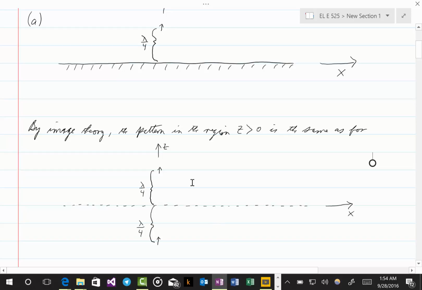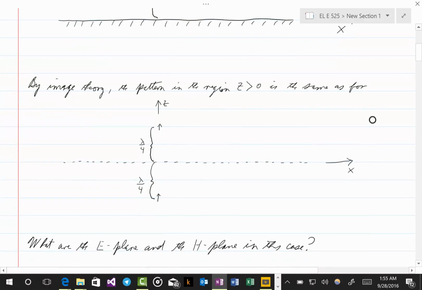Okay, so now that we have this equivalent problem, how do we solve this? Well, as the problem statement hinted, you will now use array theory, because this is simply an array of 2 short dipoles along the z-axis, and both of those dipoles are z-directed, and one is at z equals positive lambda over 4, and the other one is at negative lambda over 4.